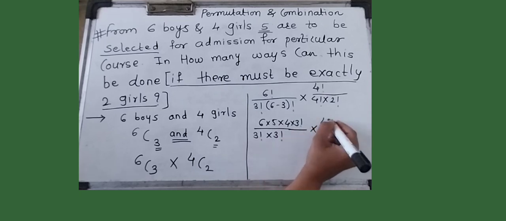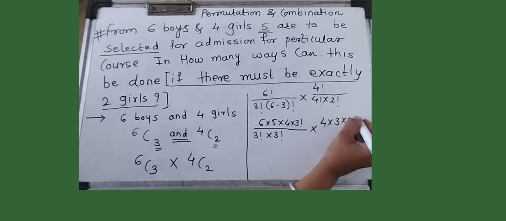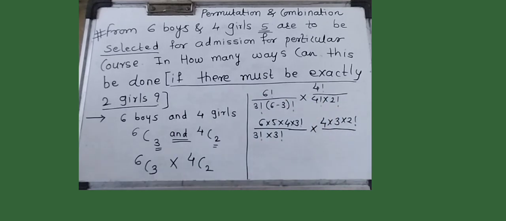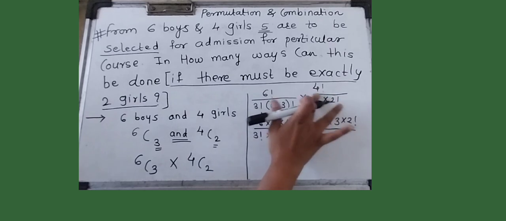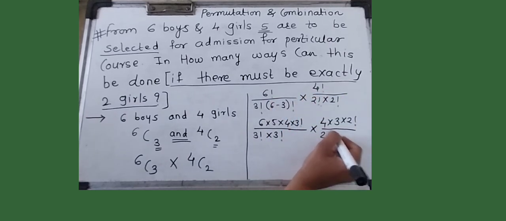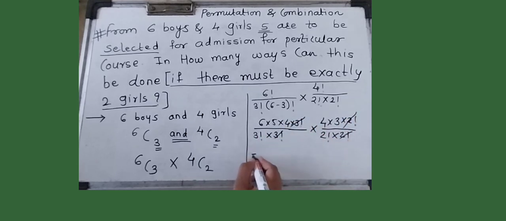Here 4 into 3 into 2 factorial, wait, it must be 2 factorial into 2 factorial. 2 will get cancelled, 3 cancel. After solving this, what we get? 120 ways. Clear?